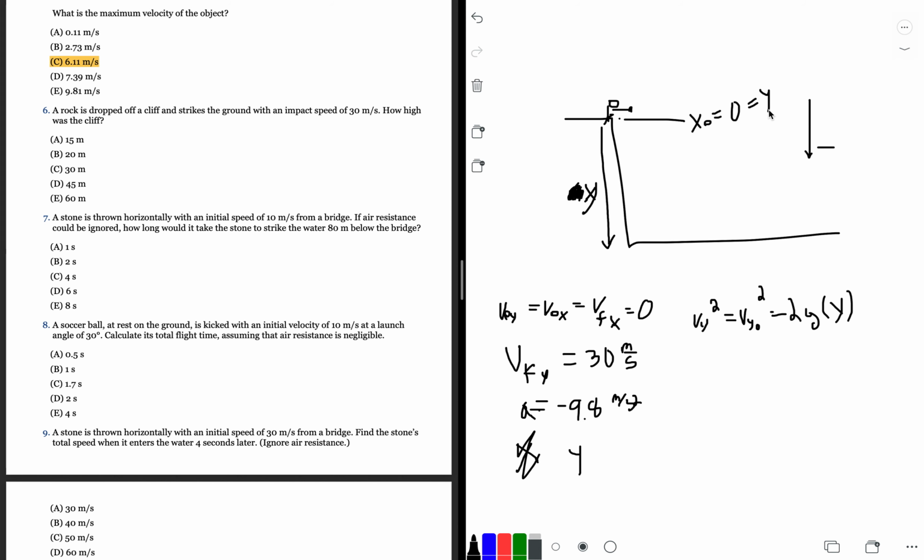Let's write the initial y displacement is 0. So now you can solve for y, because we know that this is 900. We know that the initial y velocity is 0. And let's divide by, I don't know if they want us to use exact. You could use a calculator, or you could round g to negative 10, and this would be 20. So you're really dividing by 20, and that's approximately the height of the cliff, which is 45.